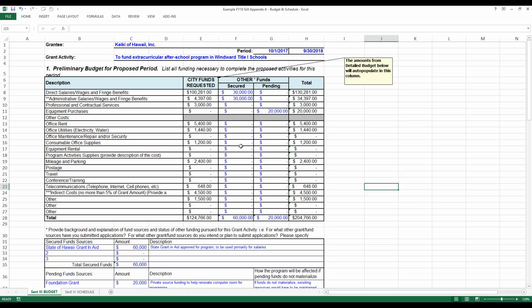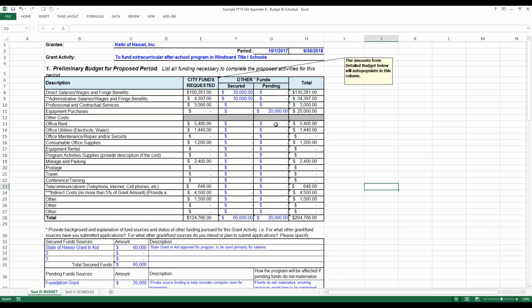It can be your operating funds, maybe some program income that you know will materialize, or some other grants that you have already been approved for, and so on. For the pending funds, you will also list those that are still pending.